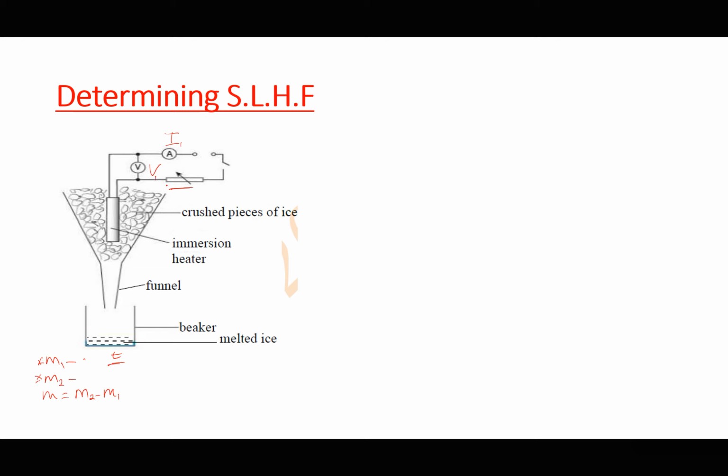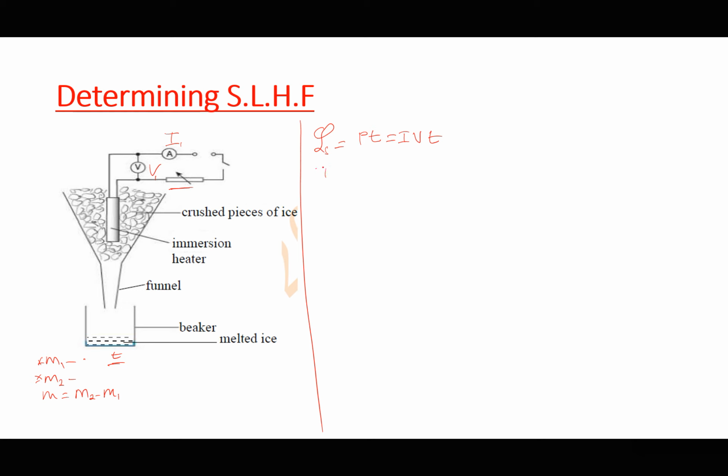If I ignore heat losses to the surrounding, I may not repeat the experiment. In this case, the energy supplied, which I'm going to call Qs, is the power of the heater times the time, which is equal to I times V times the time. If we ignore heat exchange with the surrounding, then the energy supplied all goes into melting the ice.